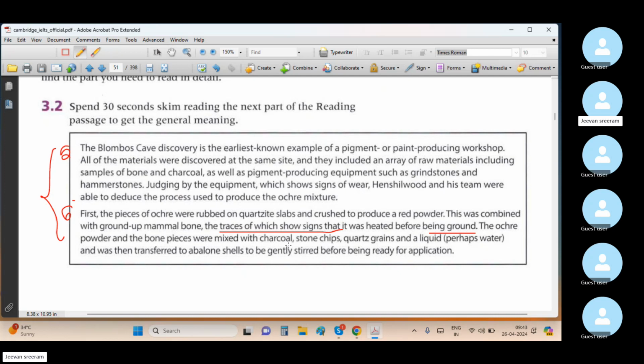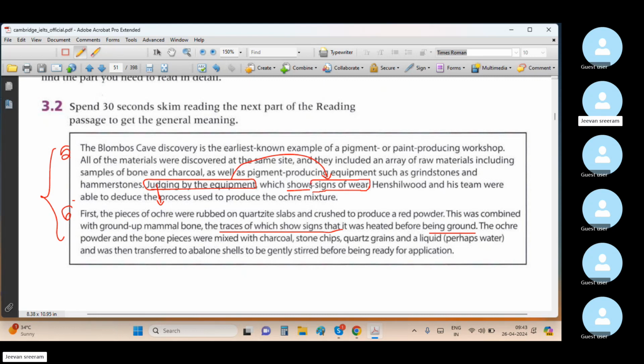I think it is not in that paragraph. You can find the answer in judging by the equipment. Yes, judging, it is working out. Judging by the equipment, which is actually showing what?